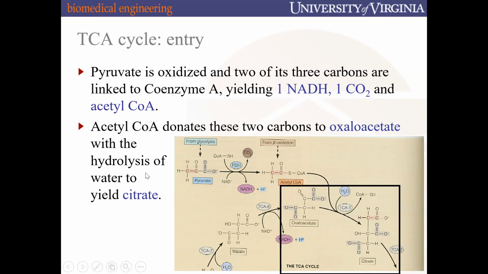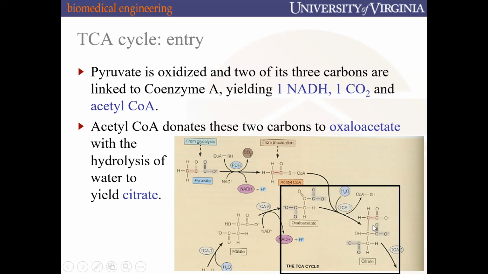I'll add that as we add these acetyl groups, this is a very exergonic process. A large quantity of energy is released, so it's irreversible. It's a hydrolysis reaction, using water in the formation of citrate. What's unique about citrate is that it's a carboxylic acid with 3 carboxylic groups.